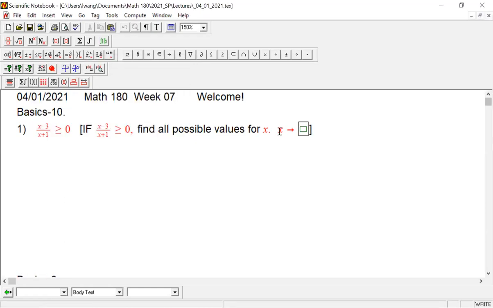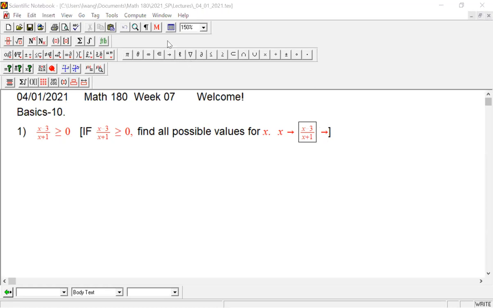So this x is the input, and this is the output. This is the rule to produce an output, and we want the output to be positive or 0.